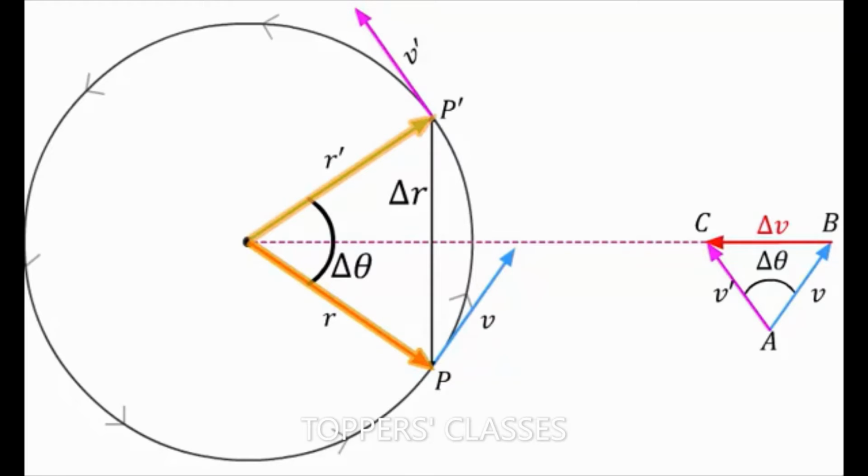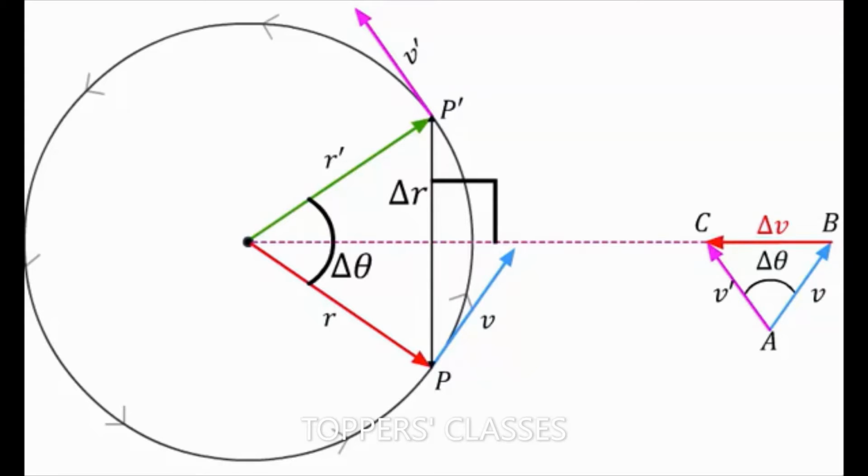Therefore, delta v is perpendicular to delta r. If we place delta v along the line which bisects the angle between r and r', the arrow of delta v points towards the center of the circle O.